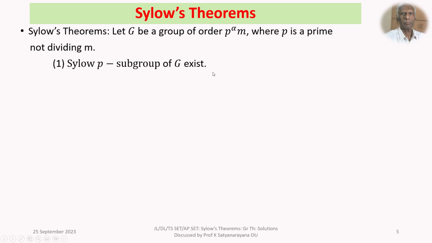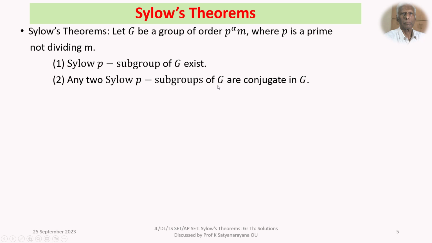It is guaranteed. Second, any two Sylow p-subgroups of G are conjugate in G. So if you have more than one Sylow p-subgroup of G, then they are conjugate.